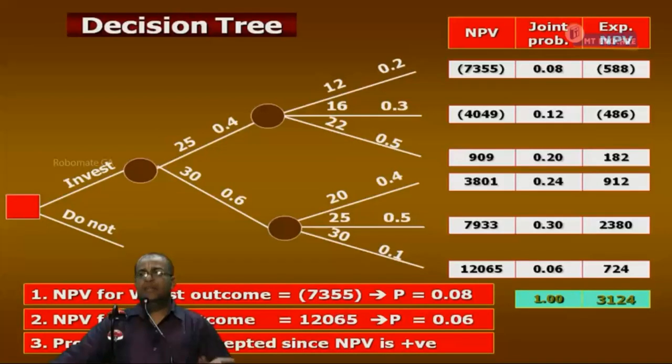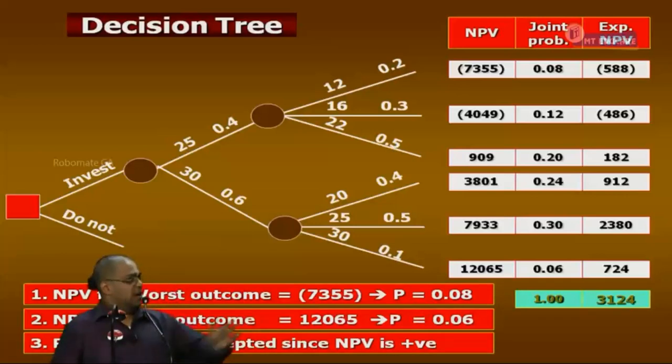Since the probabilities are joint, we have multiplied.